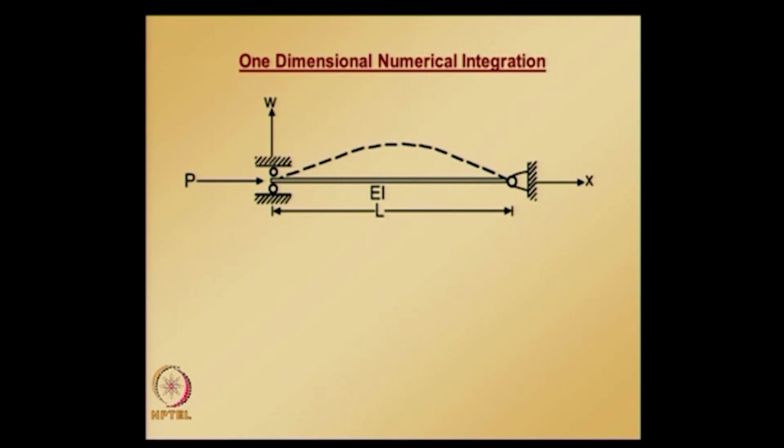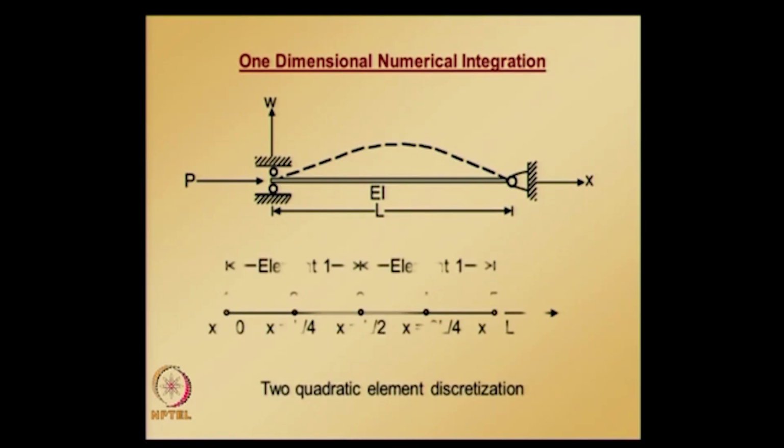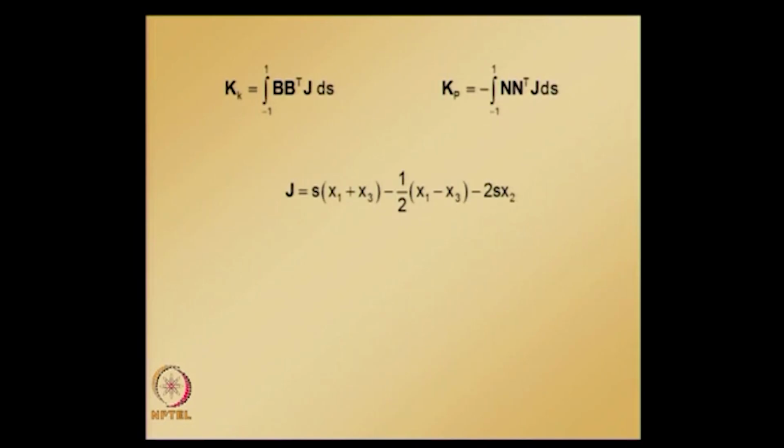This is the column buckling problem that we looked at, and you can notice that the discretization involved 2 elements, and the locations of nodes are also shown for both elements 1 and 2, and before we solve for critical buckling load or mode shapes, we are required to evaluate for each of the elements these integrals, and for the problem that we solved, it happened that J is constant.